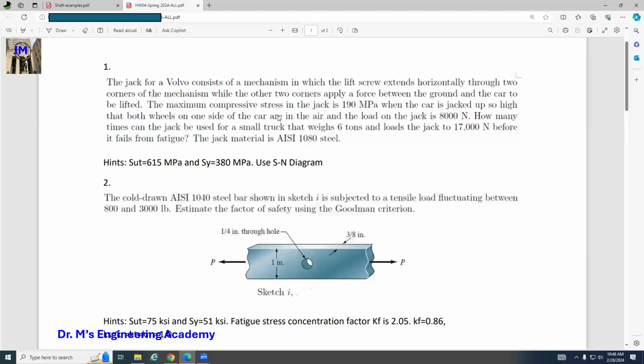And what is the mass? For a solid disk, how to calculate mass? Mass equals pi d to the power 2 divided by 4.